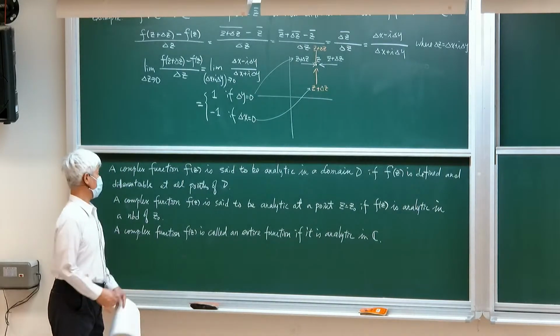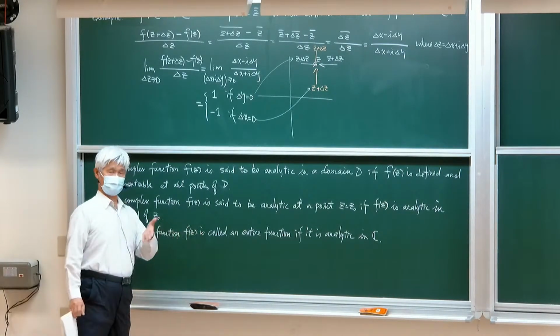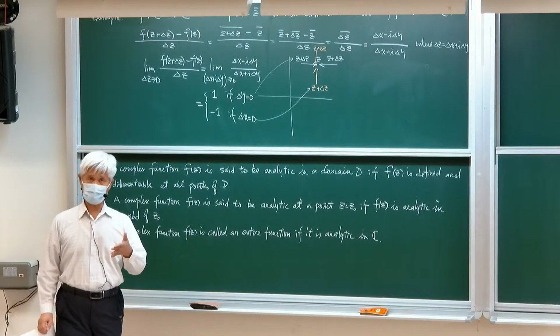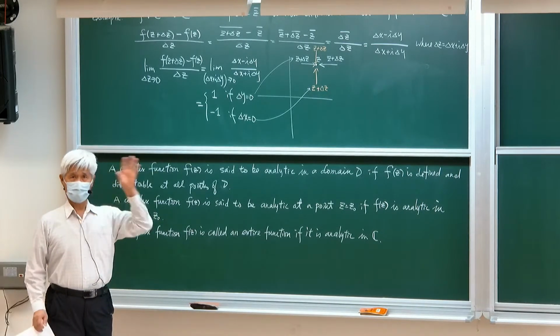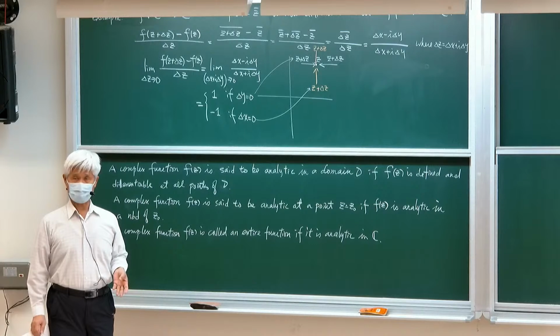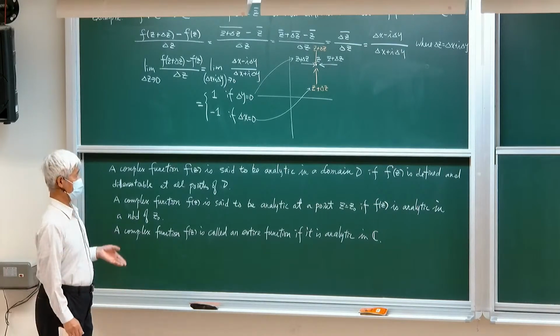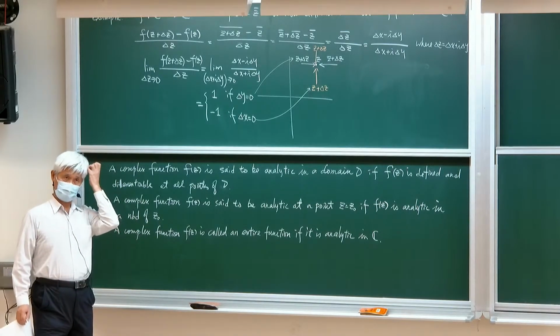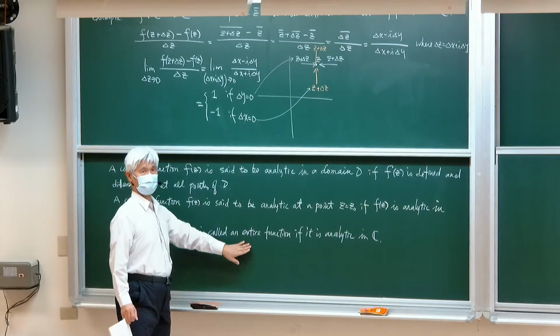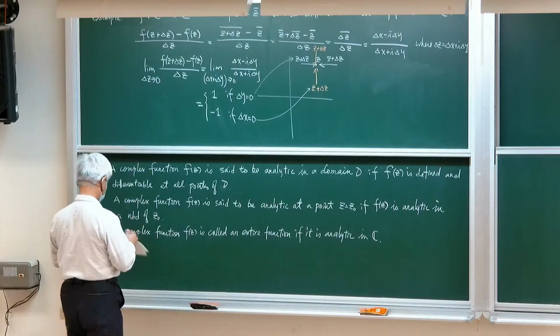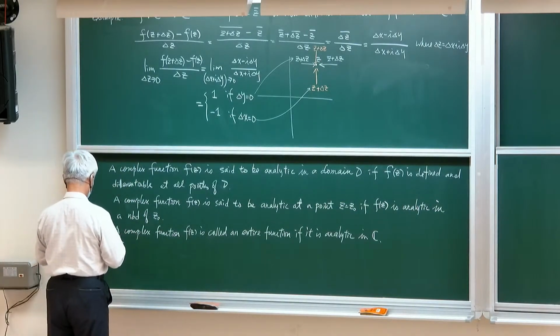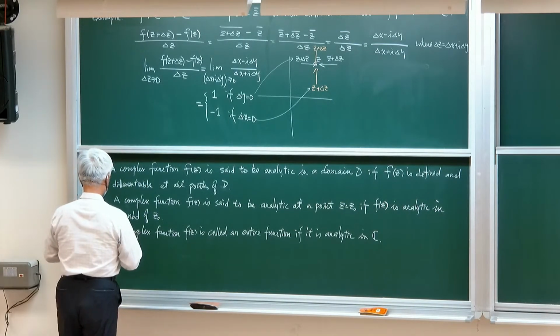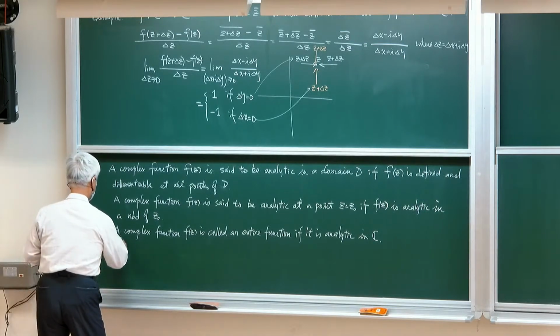So an entire function is a function which is defined on the whole complex plane, and is differentiable at every point in the complex plane. So it's called an entire function.